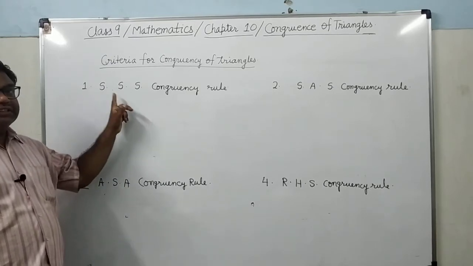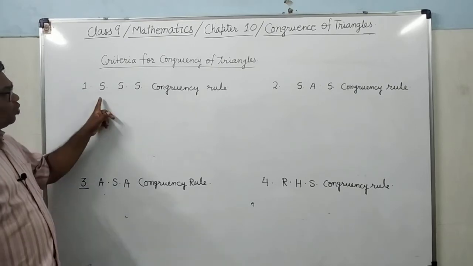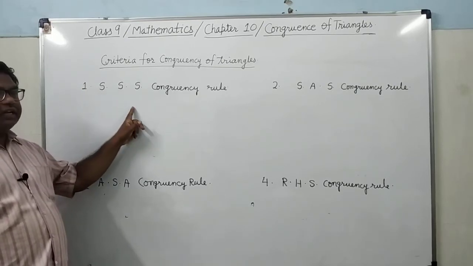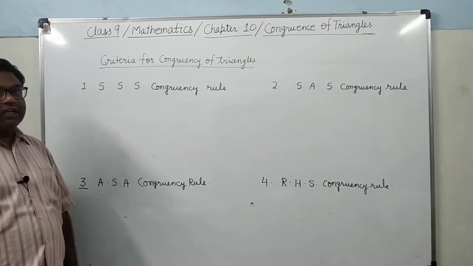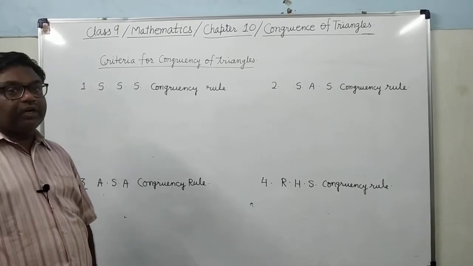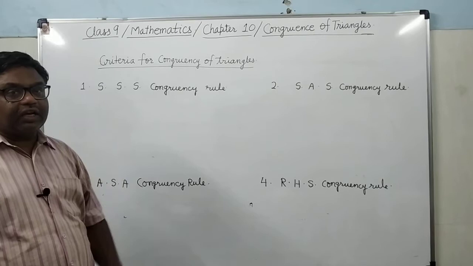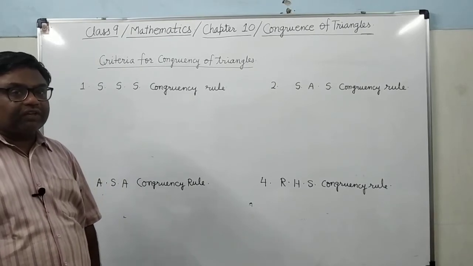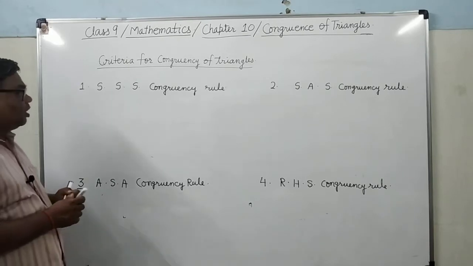It means the side congruency rule. According to it, if the sides of one triangle are equal to the sides of the other triangle each to each, then both the triangles will be congruent.